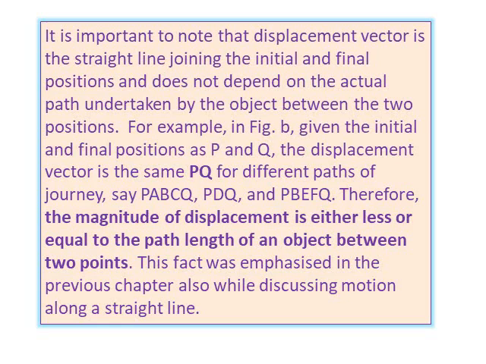Therefore, the magnitude of displacement is either less than or equal to the path length of an object between two points. Students, it is important to note that the displacement vector is the straight line joining the initial and final positions and doesn't depend upon the actual path undertaken by the object between the two positions.